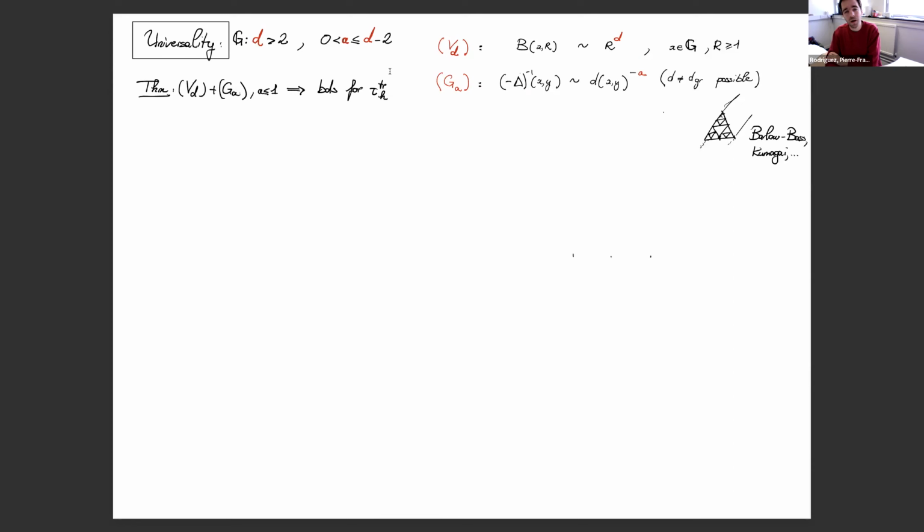So first of all, I want there to be a volume growth of balls of the order R to the D. So in some sense, D is a dimension for the graph. And these balls are measured, for instance, in the graph distance, but not necessarily. But they have to be measured in a distance for which you can say that the Green's function decays like that distance to the power minus a. So this is this other exponent a.